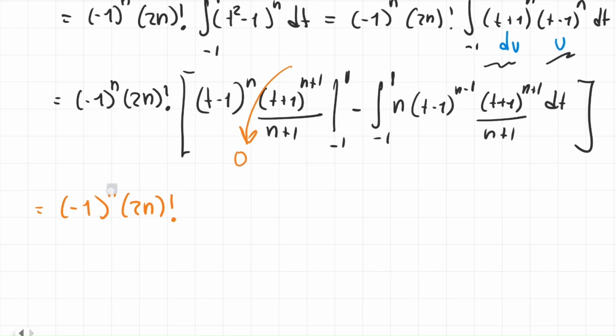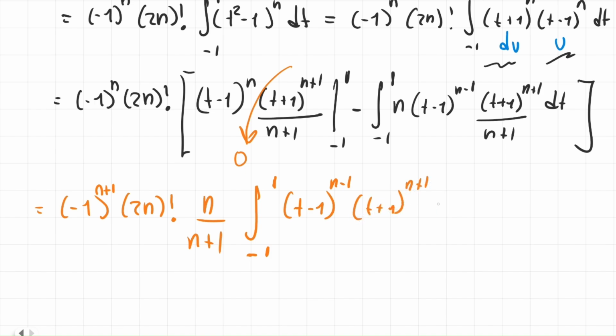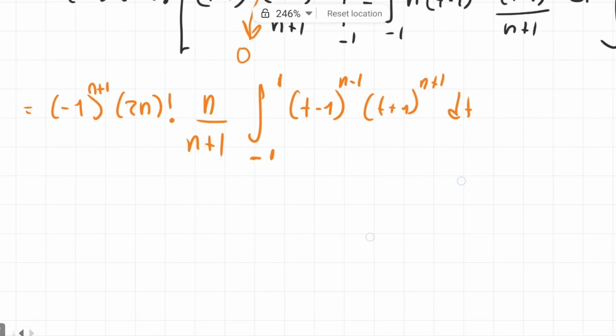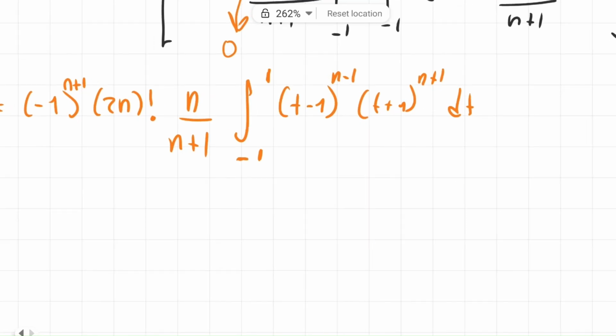Okay, so we can just add it to this minus 1 to have minus 1 to the n plus 1, and then the integral, well, we have another n divided by n plus 1 here, and then the integral from minus 1 to 1 of t minus 1 to the n minus 1, t plus 1 to the n plus 1 dt. Of course, we are going to keep going n times.